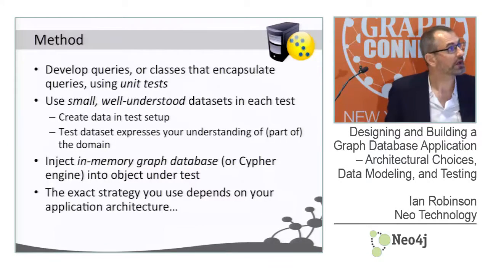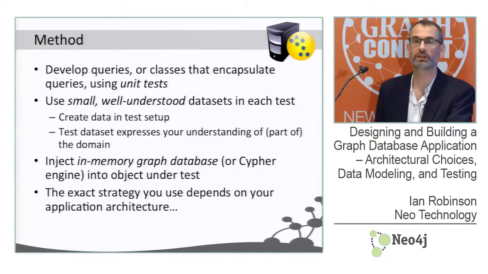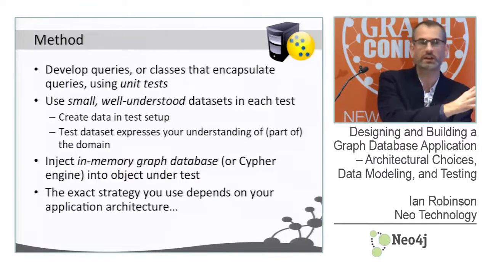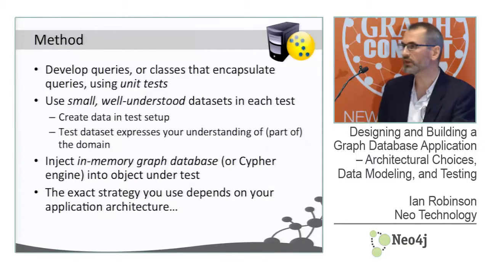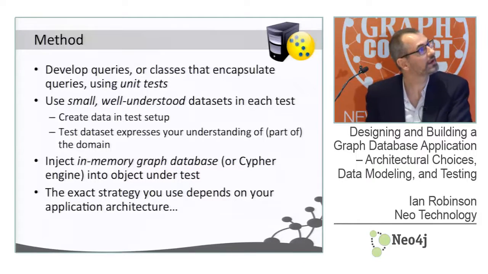So the strategy that I typically employ is to encapsulate the queries themselves in some kind of object, the object under test. So we're going to develop objects that encapsulate our queries, whether we're writing them in Cypher or whether we're using some of Neo4j's other Java APIs in order to query the database.